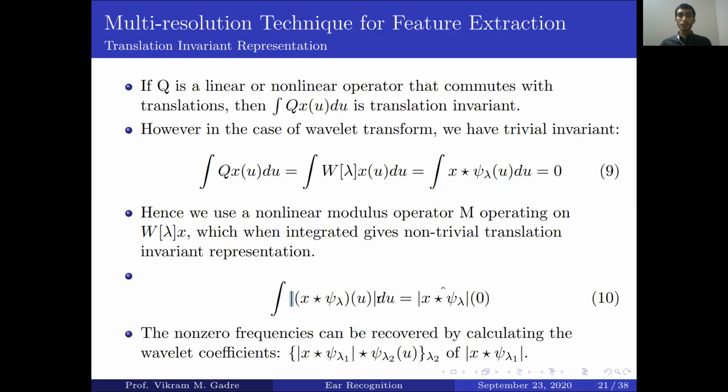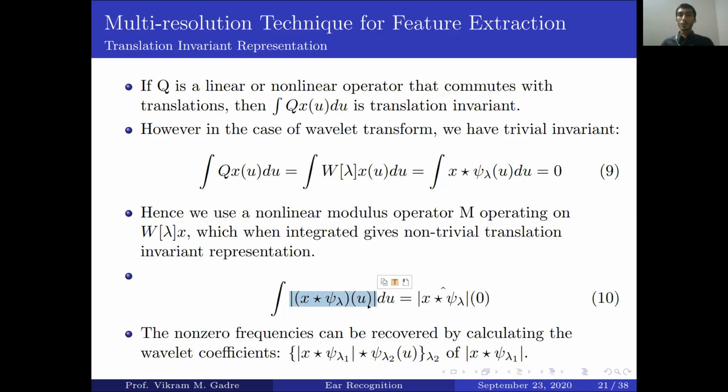So the thing to note is we get a non-zero invariance, as we can see from equation 10. x convolved with phi lambda extracts a particular band in frequency, and if we take the modulus and integrate, we get a non-zero value. So basically we are taking the DC value of this expression, which I have highlighted here.